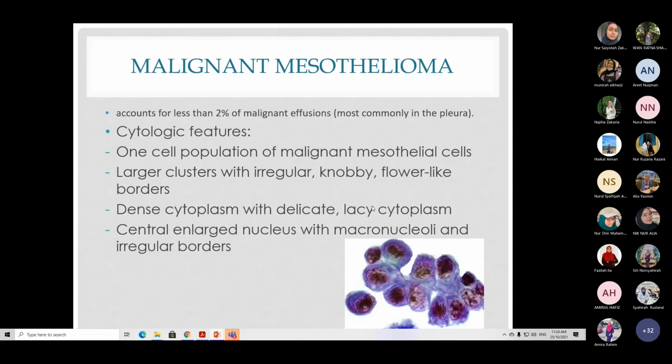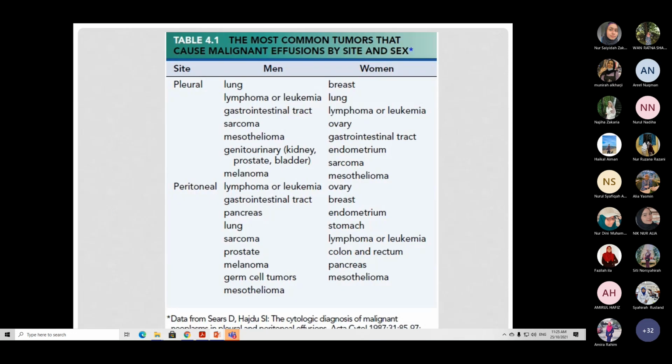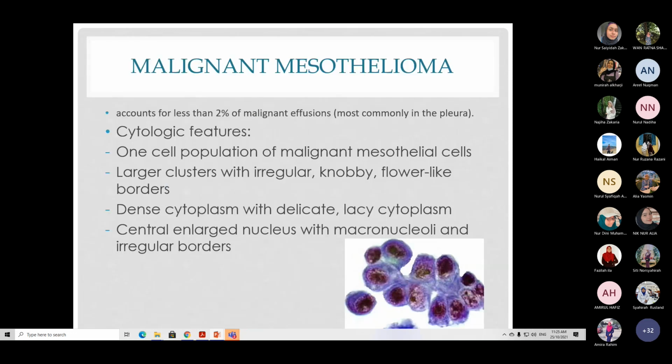Okay, we first go to the first malignant case, which is malignant mesothelioma. As I mentioned, malignant effusion in the 3 cavities can be caused by the mesothelial cell itself, or by tumor cells from other organs that travel to the mesothelial serosal cavity.